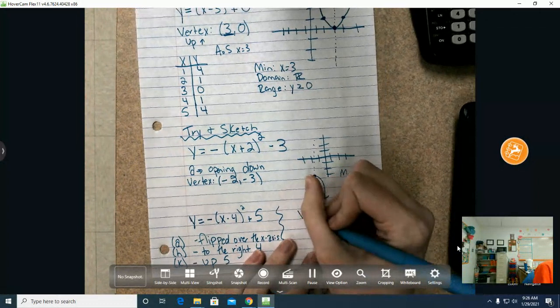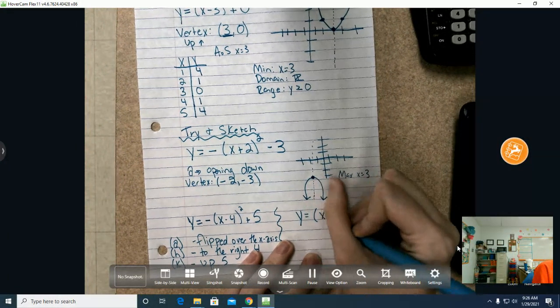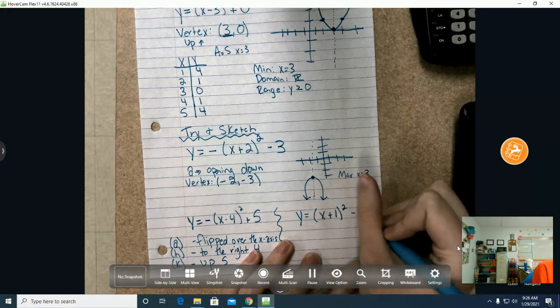All right, you take a second and see what you can determine for x plus 1 squared minus 6.